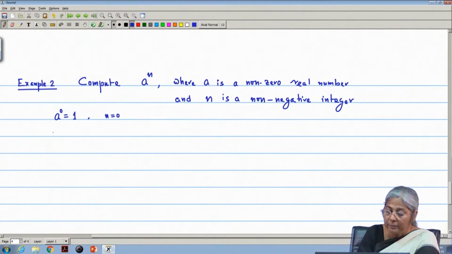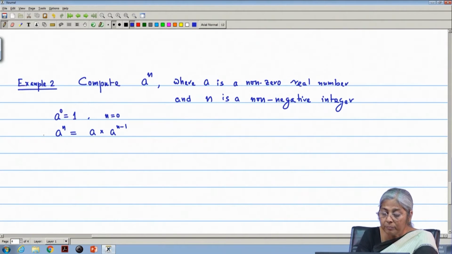For other values of n, I can write a to the power n as a into a to the power n minus 1. So, when we want to compute a to the power n, it can be decomposed as a into a to the power n minus 1.